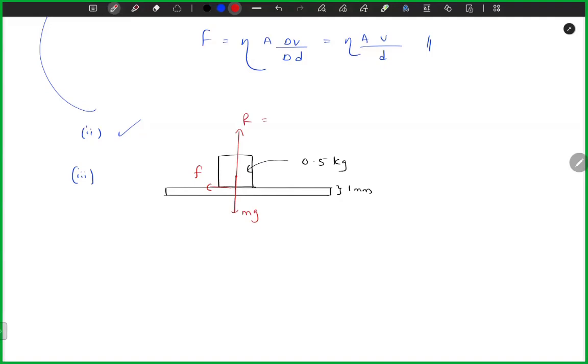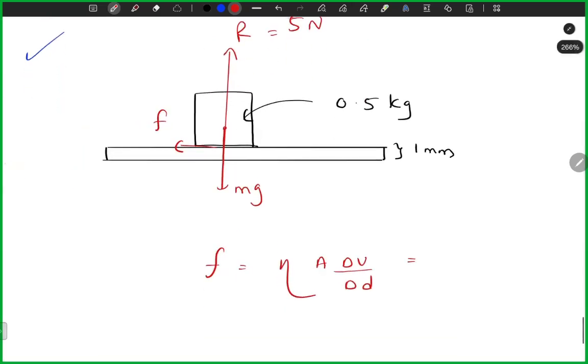Reaction is equal to what? 5 newtons. Now when you think about this viscous force, I know the equation for it: eta A delta V over delta D. So what is eta now? They're asking us to find it, right?